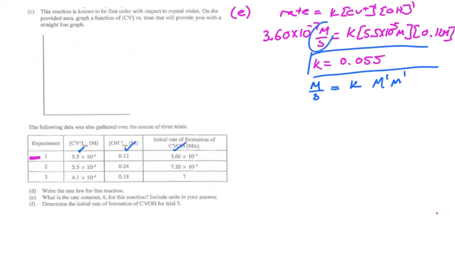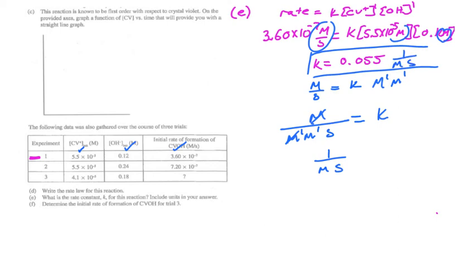Rate is always molarity per second, and you can see the rest of it set up. I'm going to have to divide both sides by those 2 molarities, and one of them will cancel, and my units for k are going to be 1 over molarity per second. And there we go.